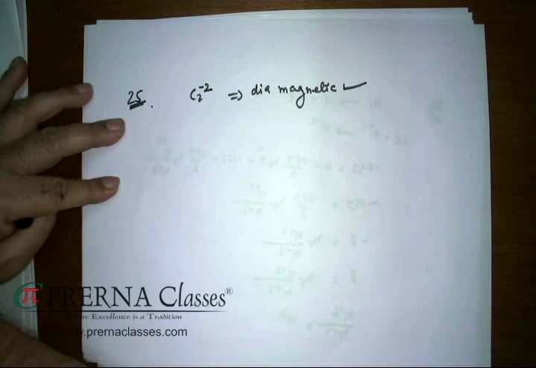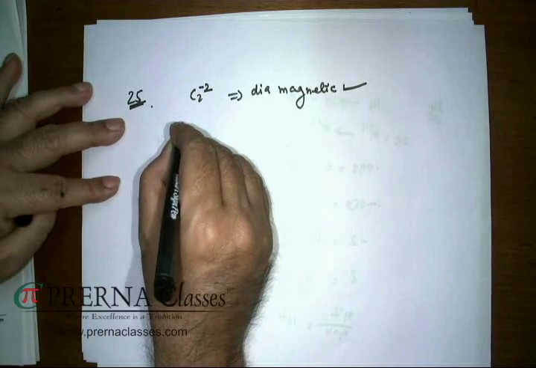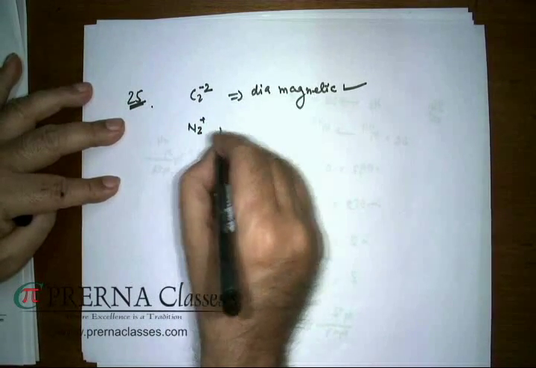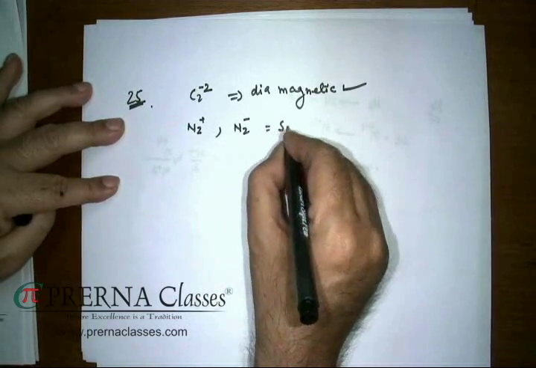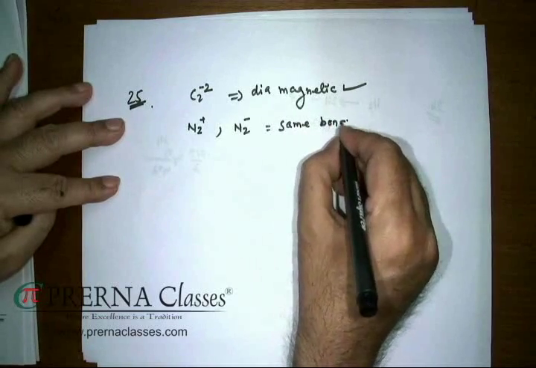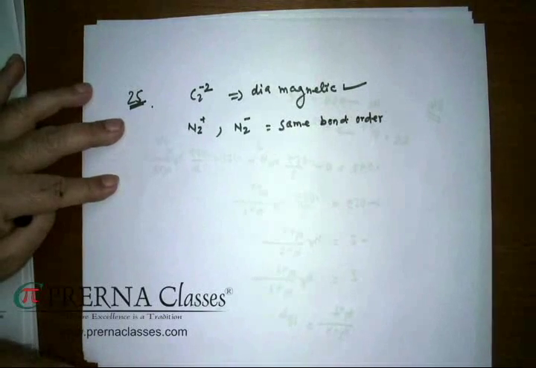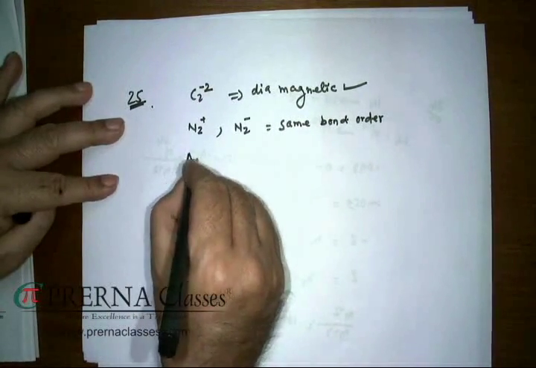N2 plus and N2 minus have the same bond order, which is correct. That is, N2 plus and N2 minus must have identical bond order. So, the correct answer is A and C.